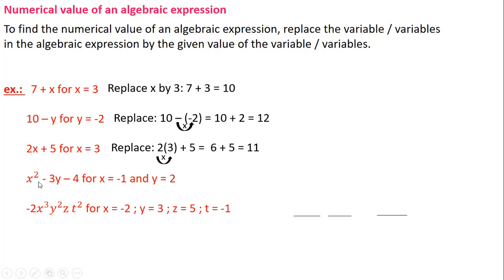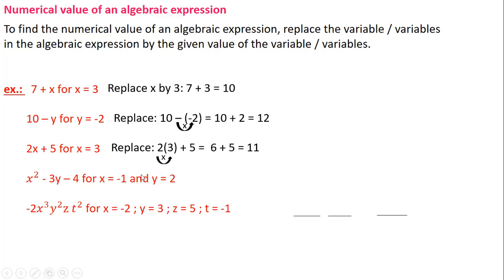Now the algebraic expression x squared minus 3y minus 4, we should replace x by -1 and y by 2. Here, since we have two different variables, the first variable is x and the second variable is y. So let's replace x by -1 and y by 2. Also, since x has an exponent 2, we should always replace it between parentheses.